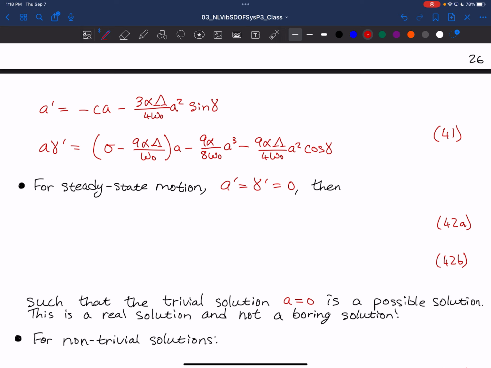Okay, so we're going to then study steady state like we always do, and we'll find that A times the quantity minus c minus 3 alpha times lambda over 4 omega 0 times A times the sine of gamma is equal to 0.